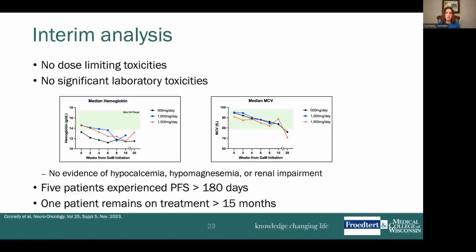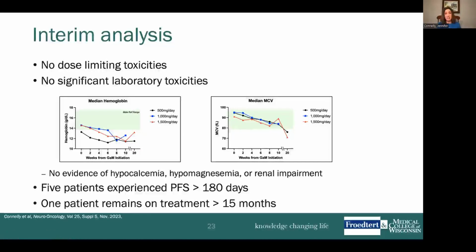When we look at hemoglobin, it does have a trend towards a decrease, which is not surprising because we're interfering with iron. But it's important to note that none of these patients had symptomatic anemias or needed a transfusion. Along with the hemoglobin decreasing, we also saw a decrease in MCV.